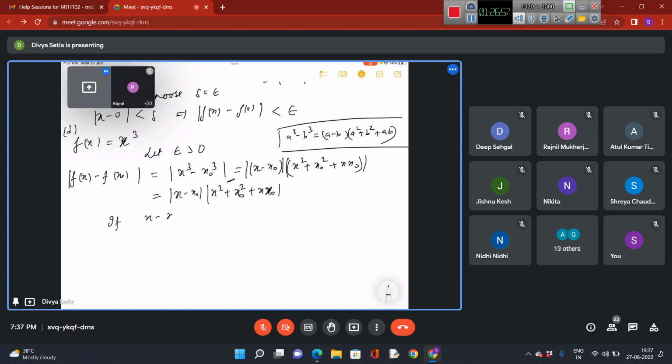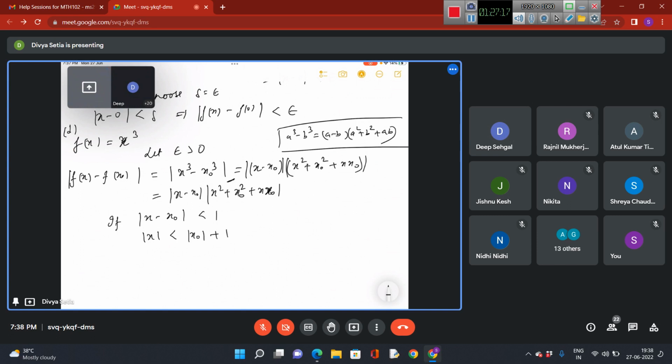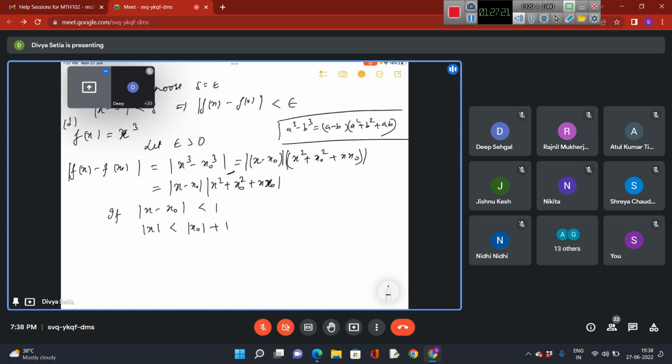If mod of x minus x naught is less than 1, then what? Your mod x is less than mod x naught plus 1. And then apply this technique.